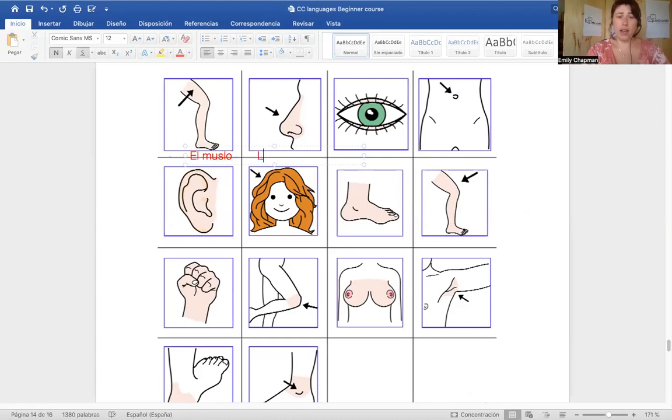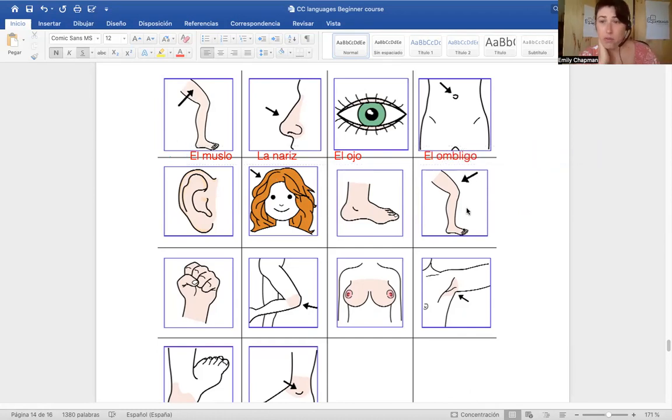Nose, la nariz. Eye, el ojo. Belly button, el ombligo.